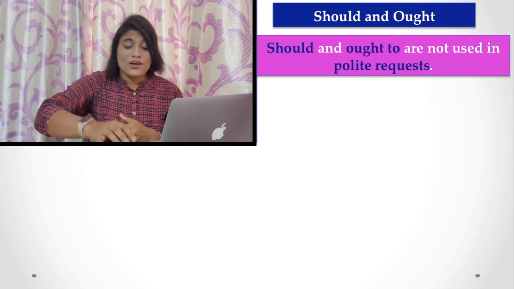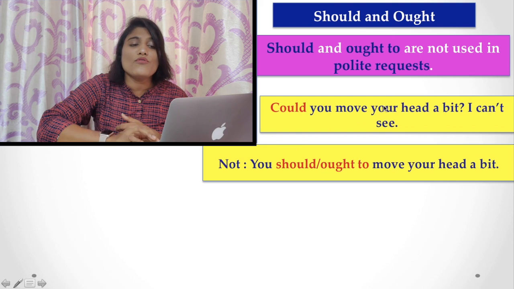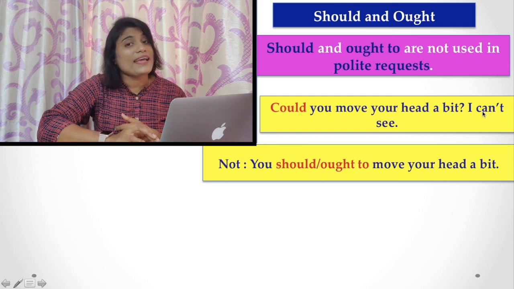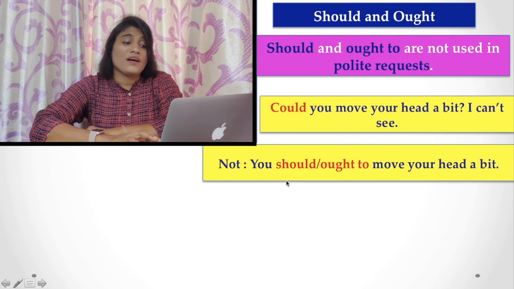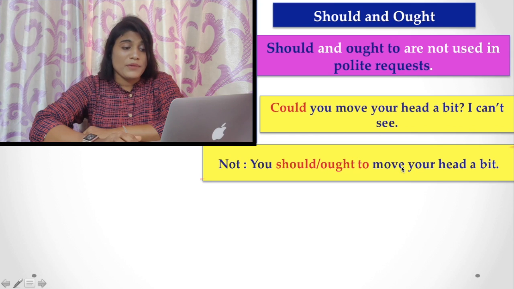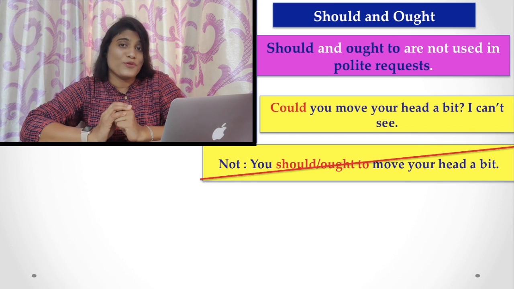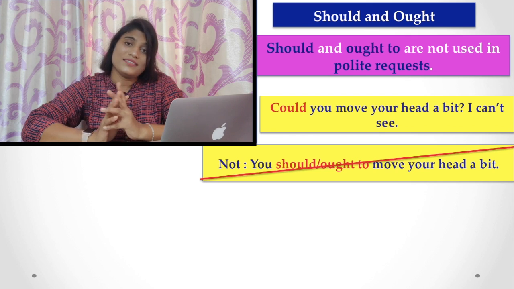Instead of that, we can use could. For example, could you move your head a bit? I can't see. Here, we may not say you should or ought to move your head a bit, because while talking about a polite request, instead of these two modal verbs, we must use could.